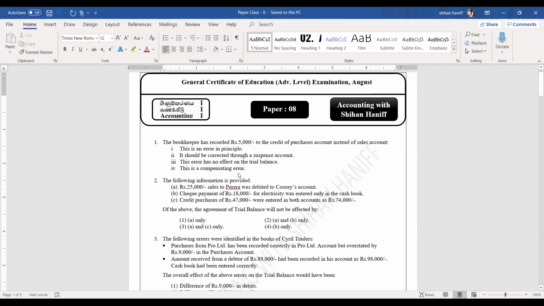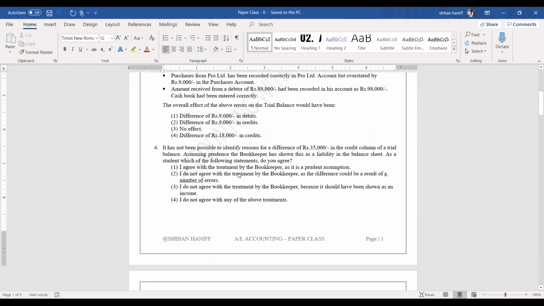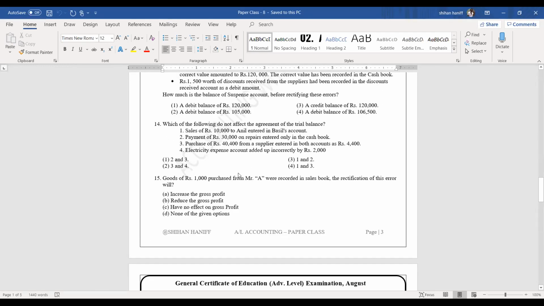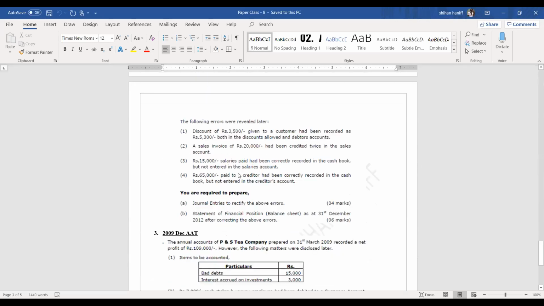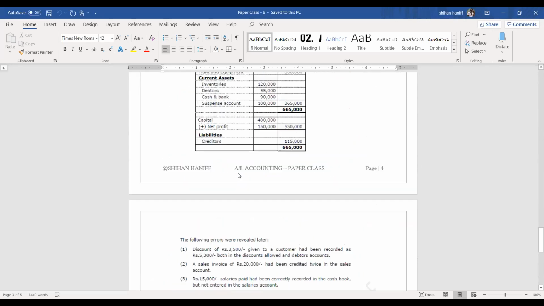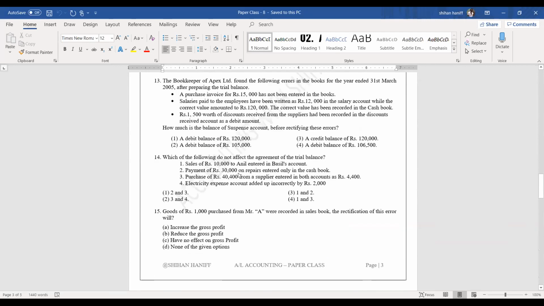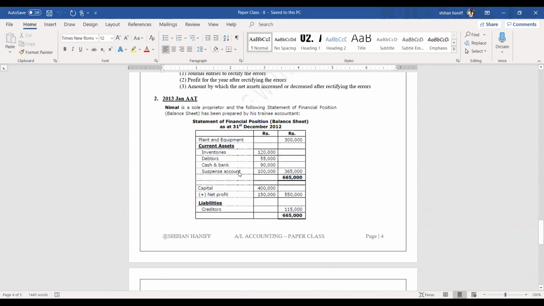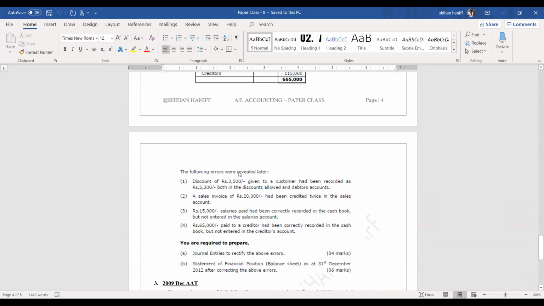So today, we have about 15 MCQ questions and 3 part 2 papers. So we'll start with the question from second part, then we'll do the MCQs, and we'll try to do the remaining part 2 questions.